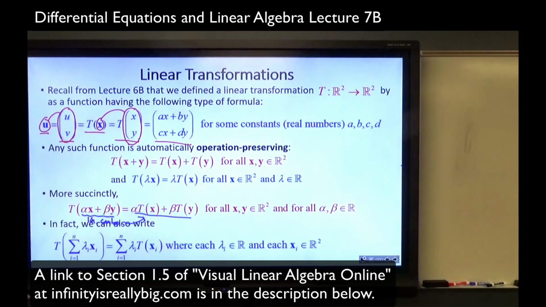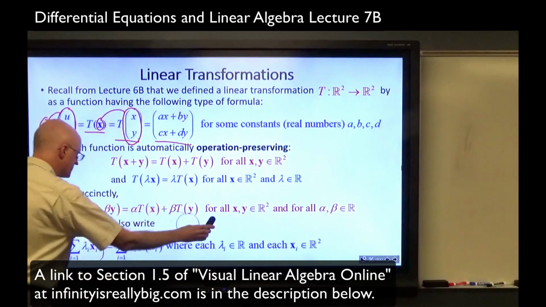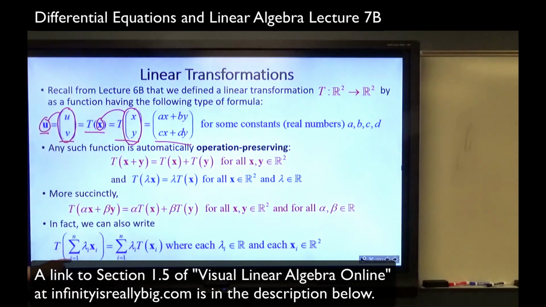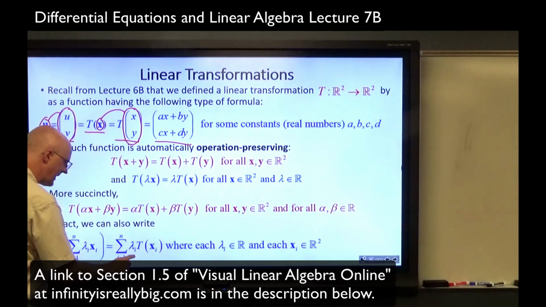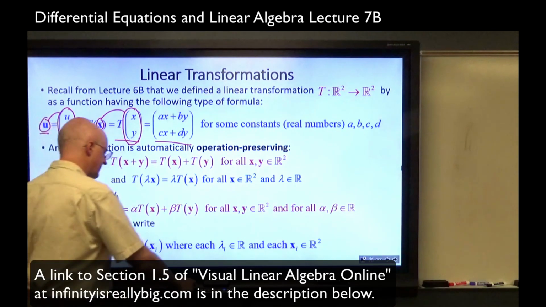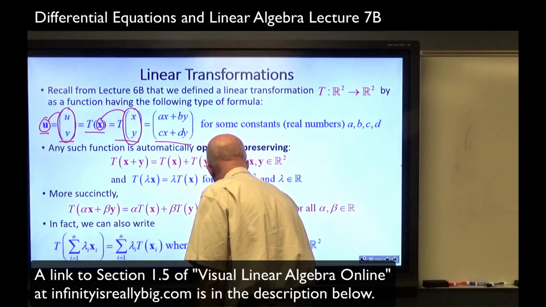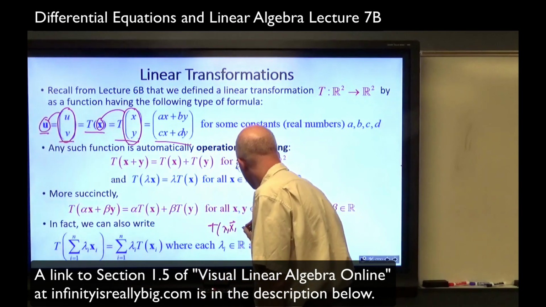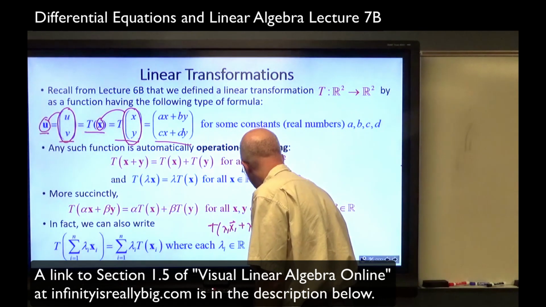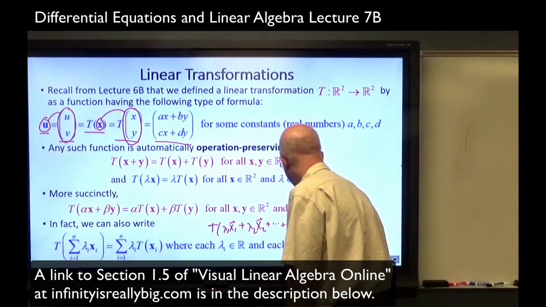And in fact, we could also write this with summation notation for an arbitrary number of terms. T of this summation, lambda i times xi, is the corresponding summation of the lambda i's times the T of xi's. Summation notation makes some people feel uncomfortable. We could, of course, write it out without the summation signs. We could write T of lambda 1 x1, I use half arrows for my vectors here, plus lambda 2 x2, plus dot dot dot, plus lambda n xn.